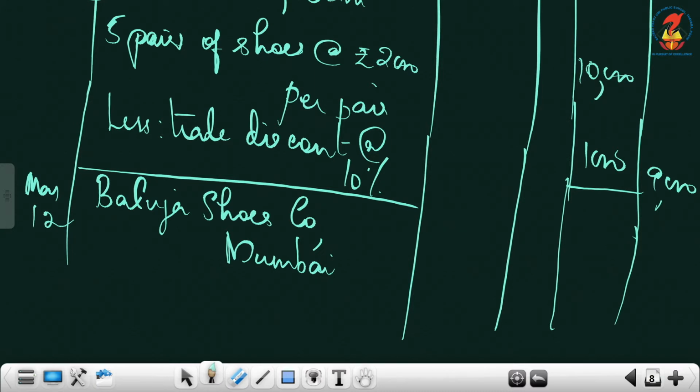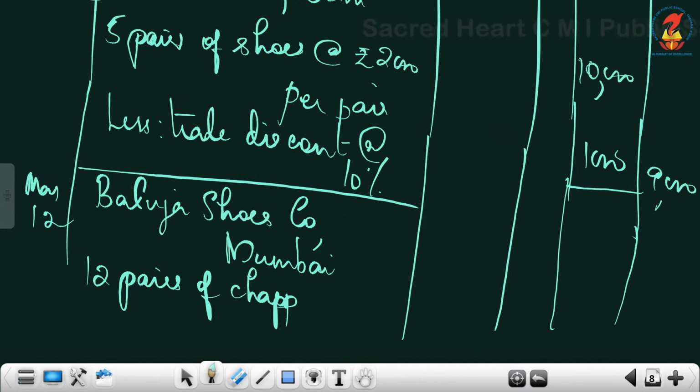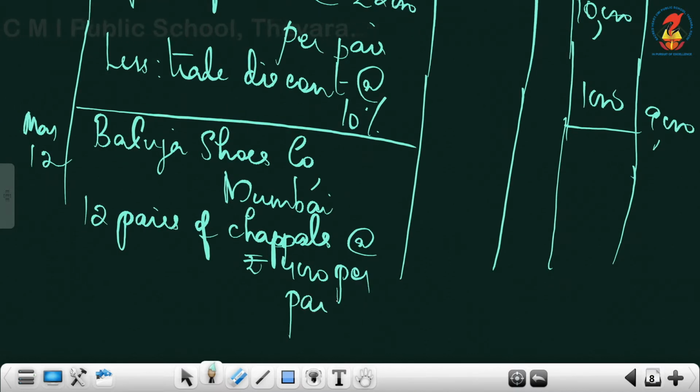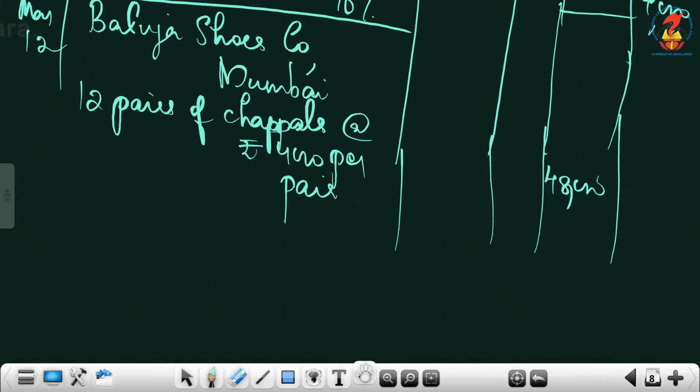The item is 12 pairs of chappal at the rate of 4,000 per pair. So it is 4,000 into 12, 48,000. See whether you have any discount there. Yes, there is also a discount of 10%.